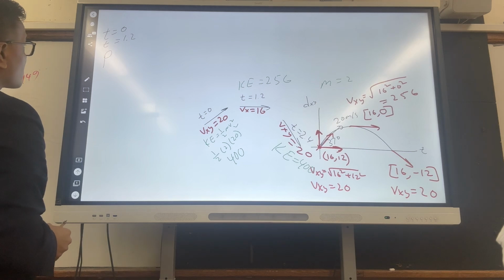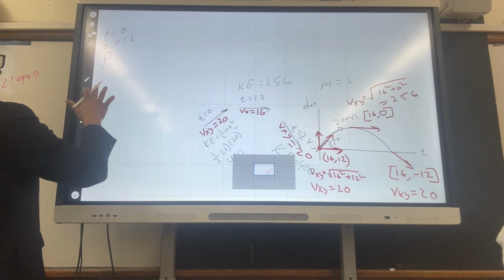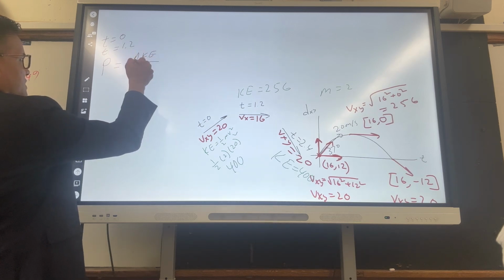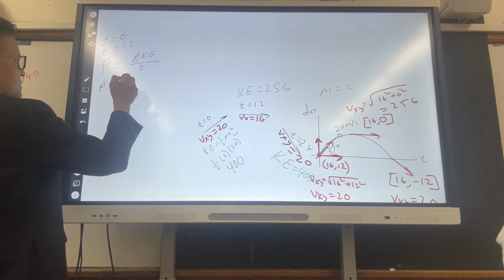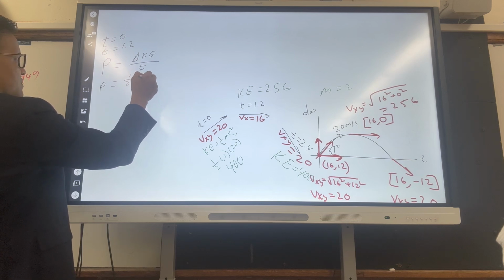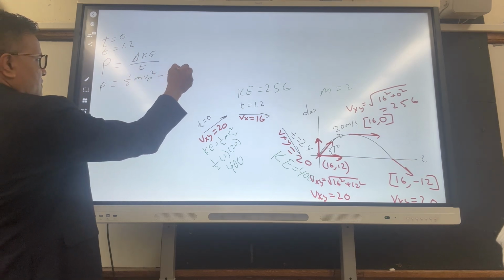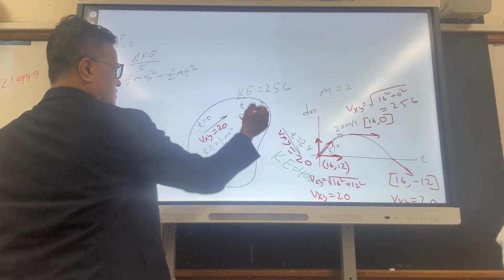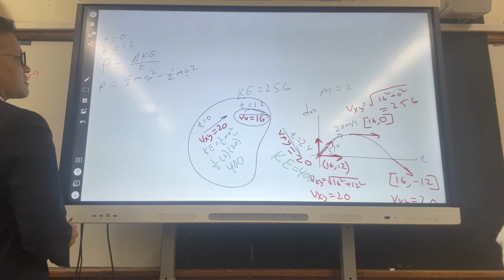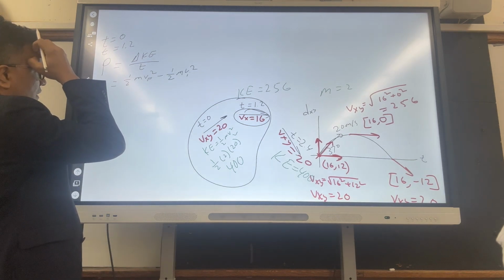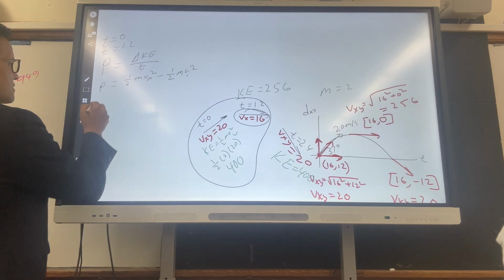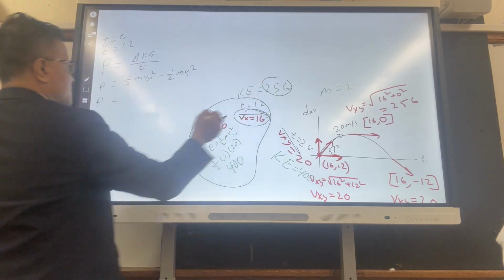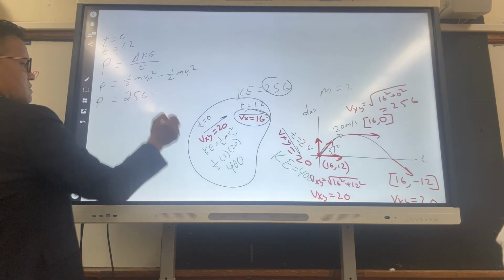Power is equal to delta KE over t, half mv final squared minus half mv initial squared. So the final is 256 and the initial is 400.